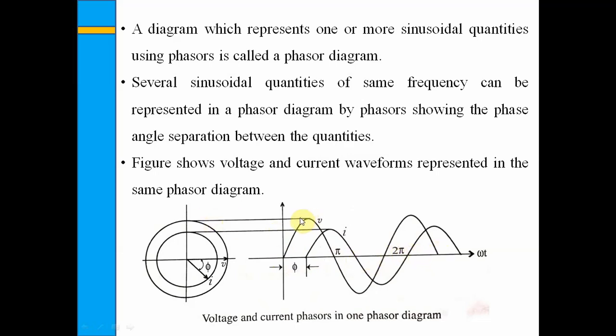This voltage is represented by the phasor V, and the current is represented by phasor I. The voltage is aligned along the x-axis and the current lags the voltage by phi. So the current vector is drawn at an angle phi in the clockwise direction.